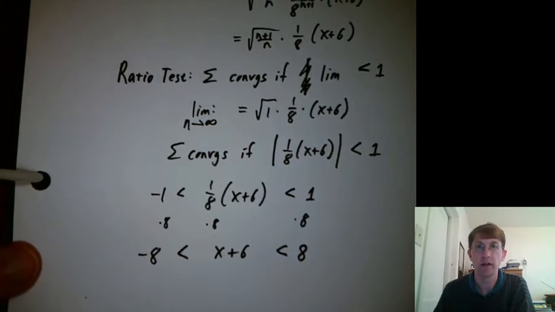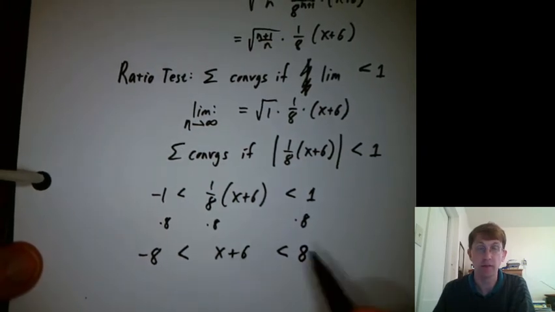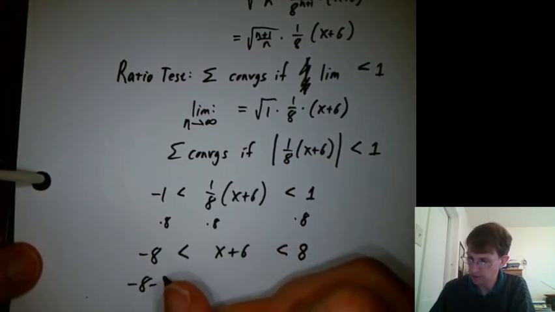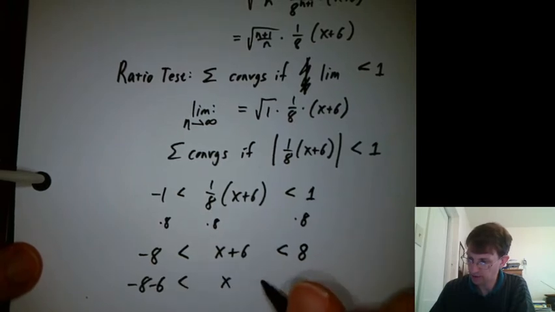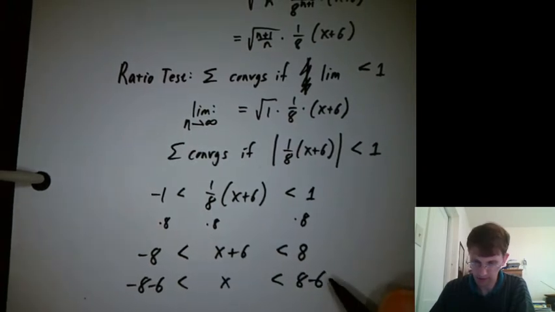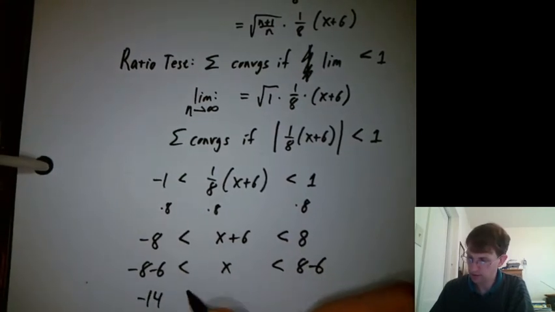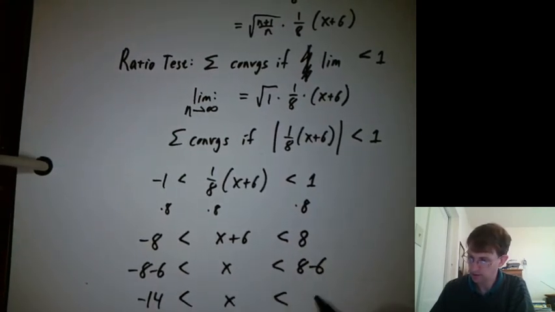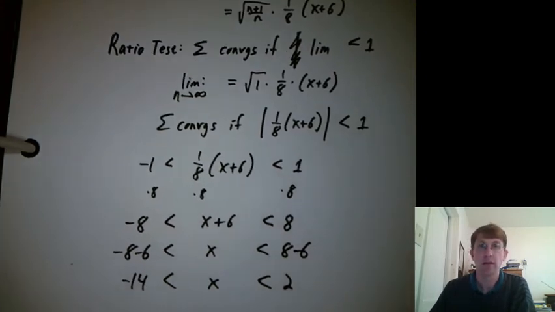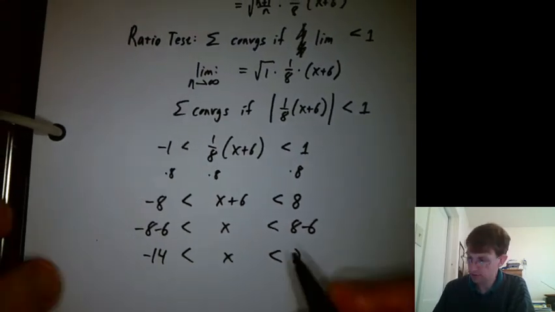And then subtract 6 from each part. So -8 minus 6 less than x less than 8 minus 6. -8 minus 6 is -14. And 8 minus 6 is 2. So that would be our interval of convergence.